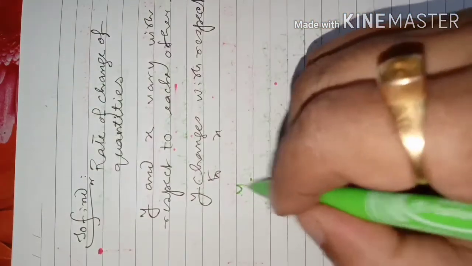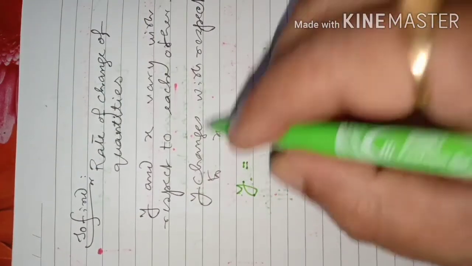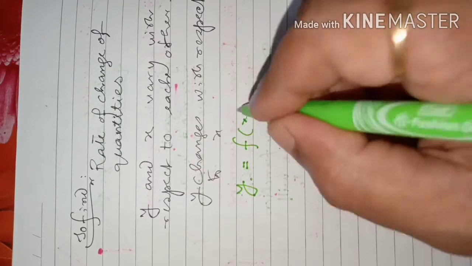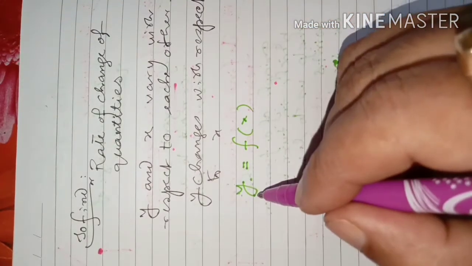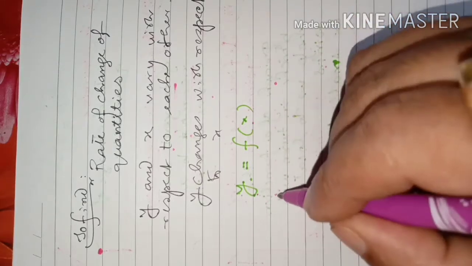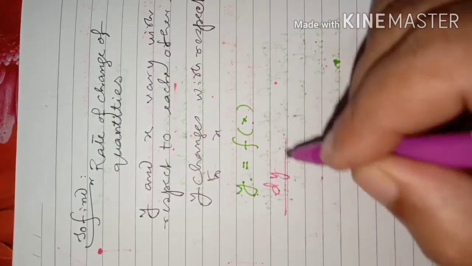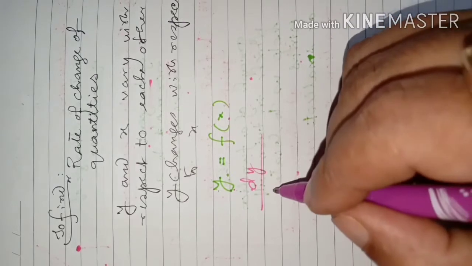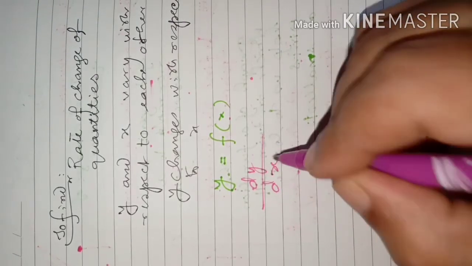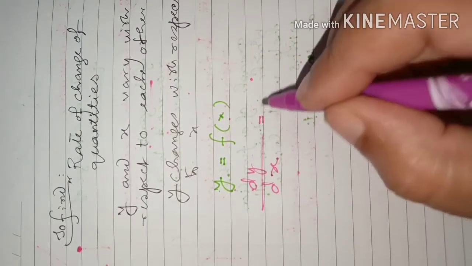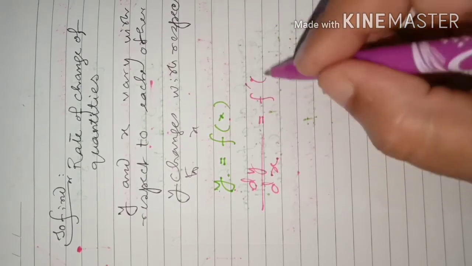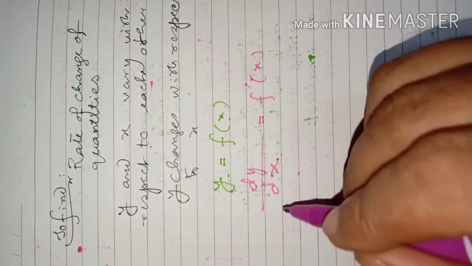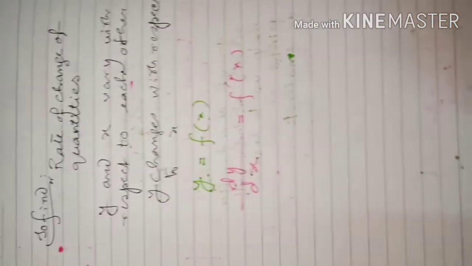This means y is the dependent variable and x is the independent variable. So y equal to f of x. When y is dependent on x, and we have to know the rate of change of y with respect to x, then we directly find dy by dx, which will be called f dash x, the rate of change of y with respect to x.